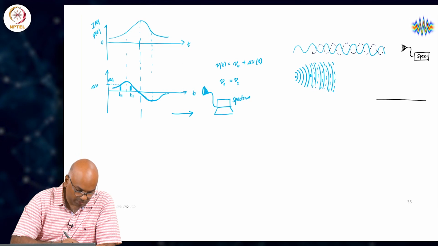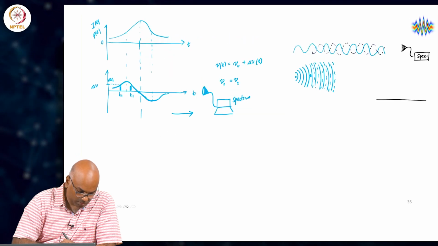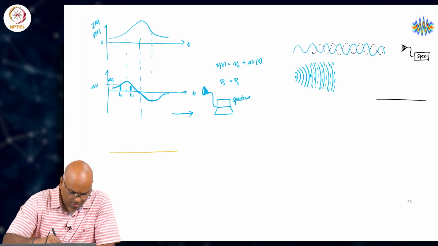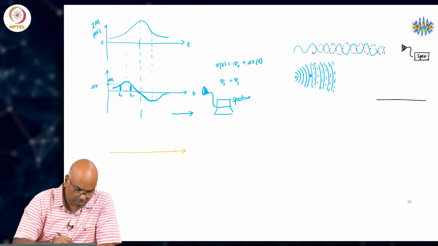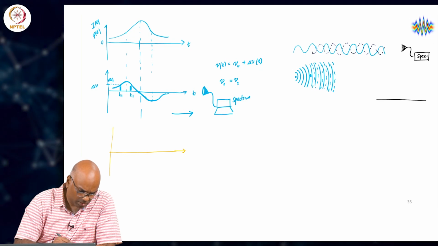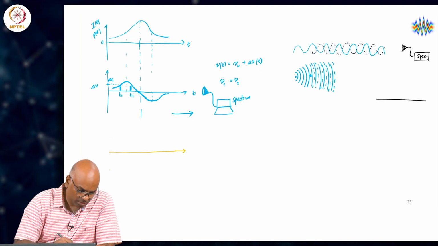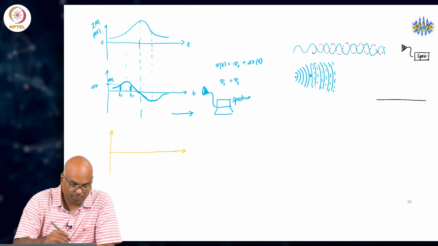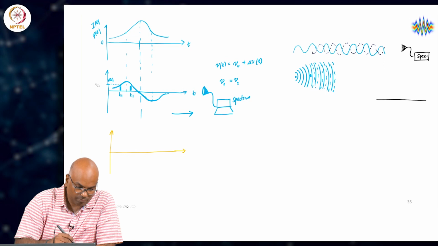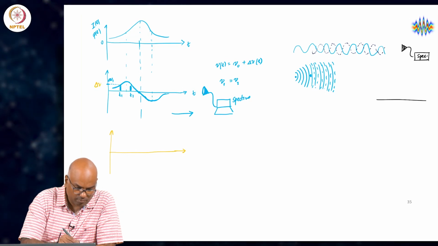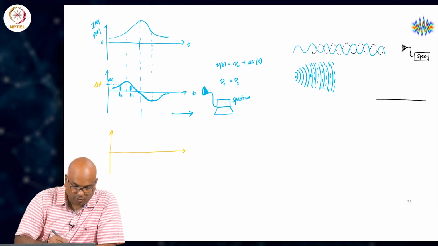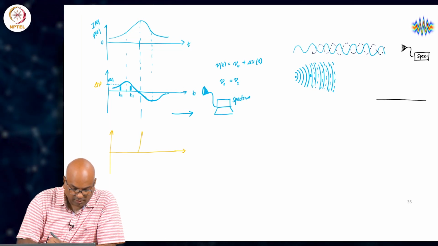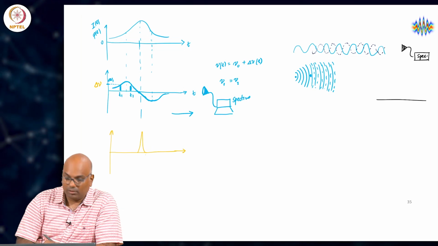as a consequence, if I now plot on the frequency axis, we have the central frequency omega naught or nu naught.